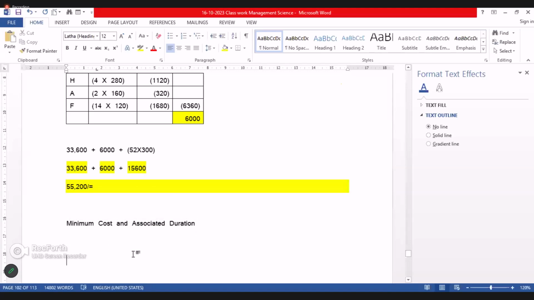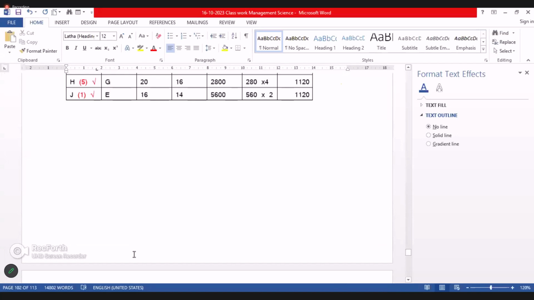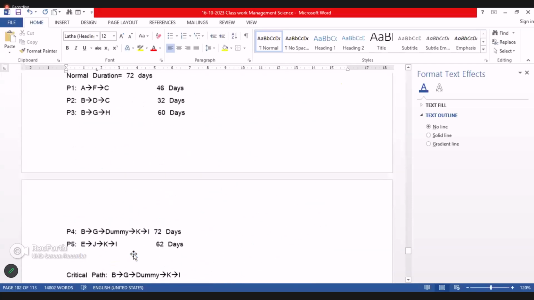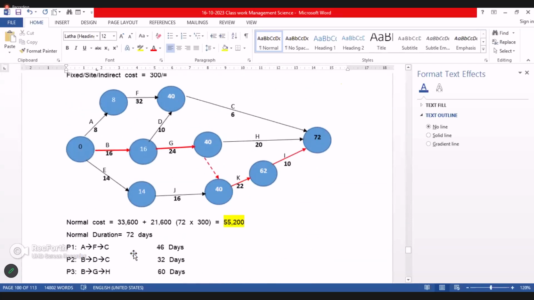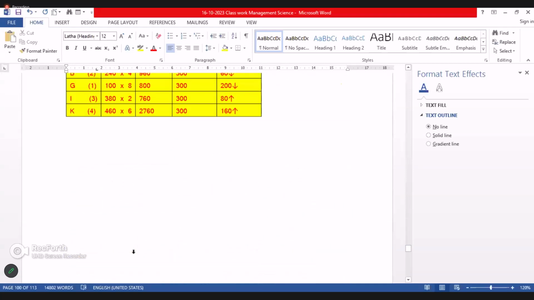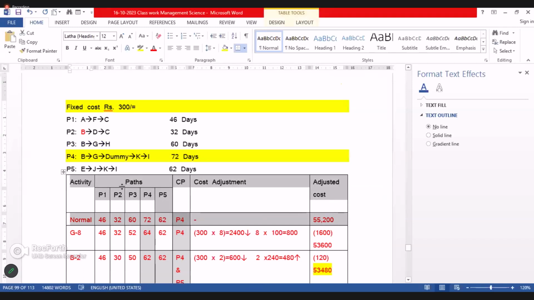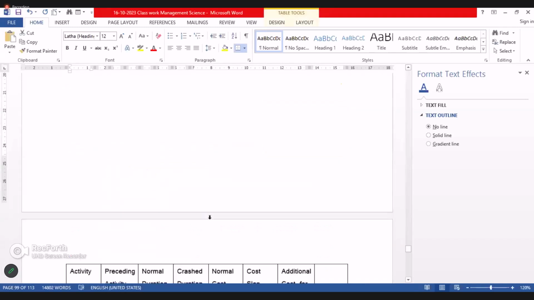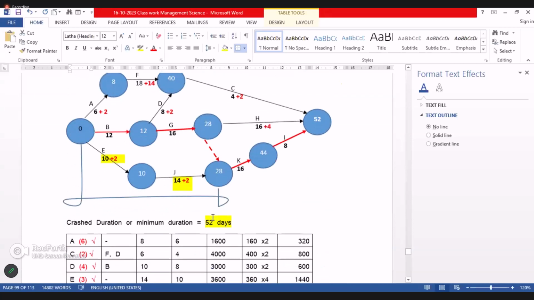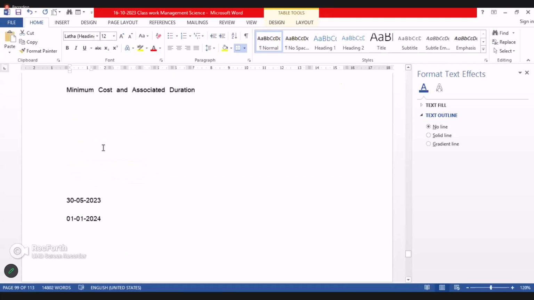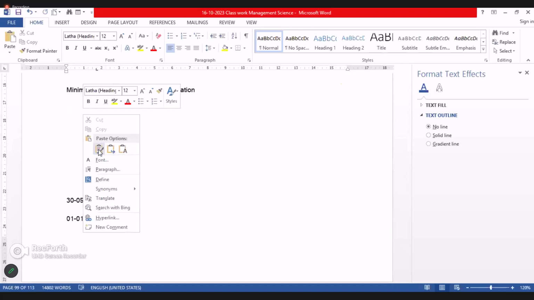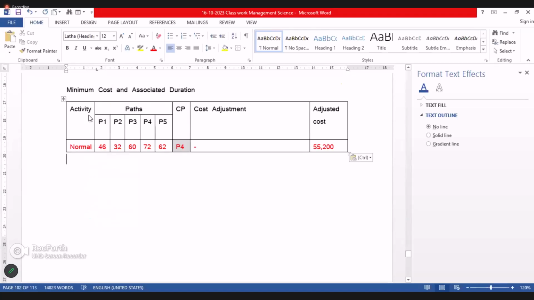For that, I told that we have to start with the normal diagram information, as usual. I copy this normal diagram information. Right, for the calculations we need this table. Activities, path.